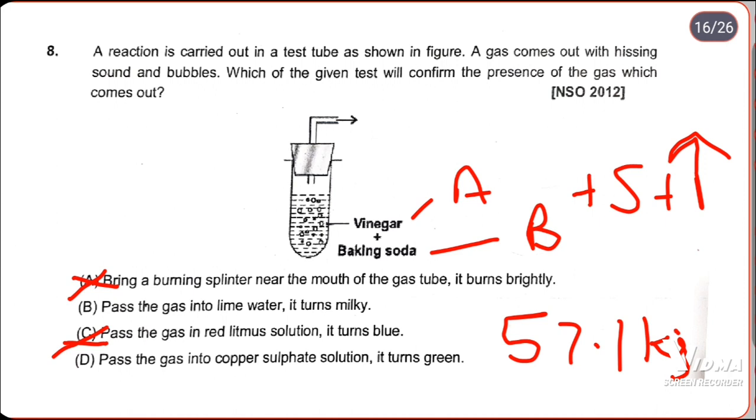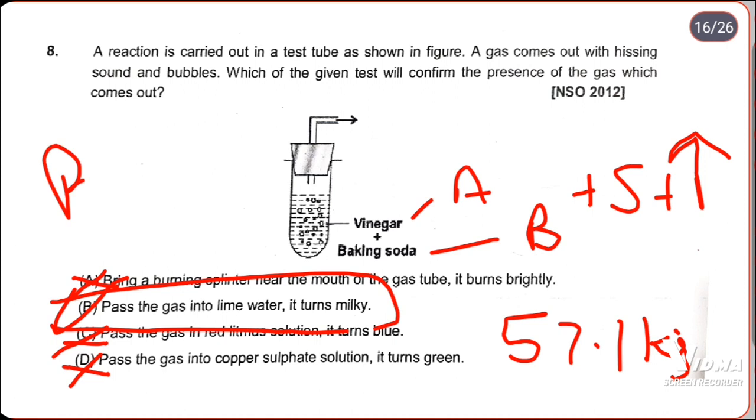No, because copper sulfate isn't an indicator, right? So the correct answer is pass the gas into lime water. It turns milky. Whenever you pass gas through lime water, it turns a little bit milky, right? So B is the correct option. So the correct option is option number B.